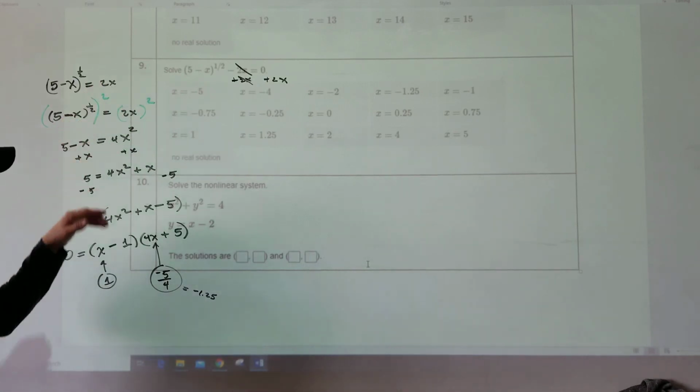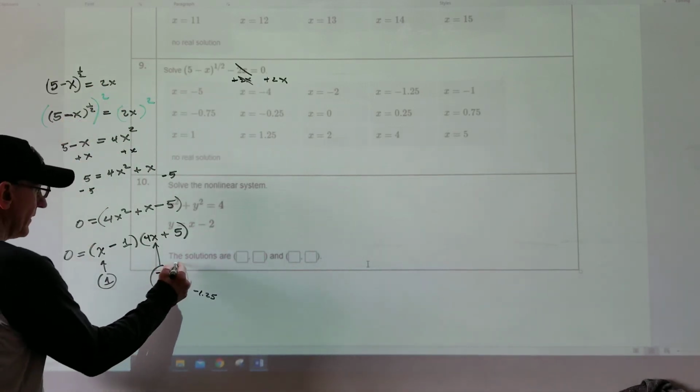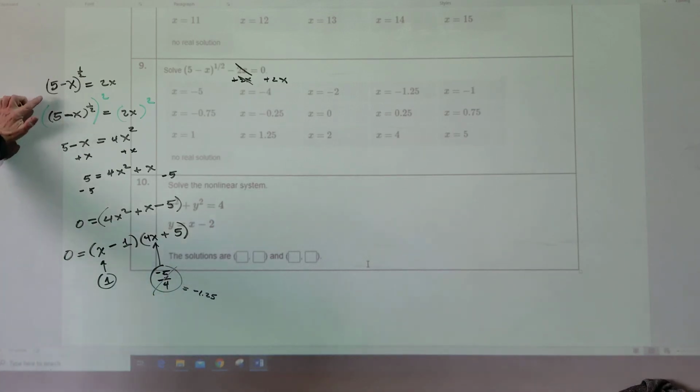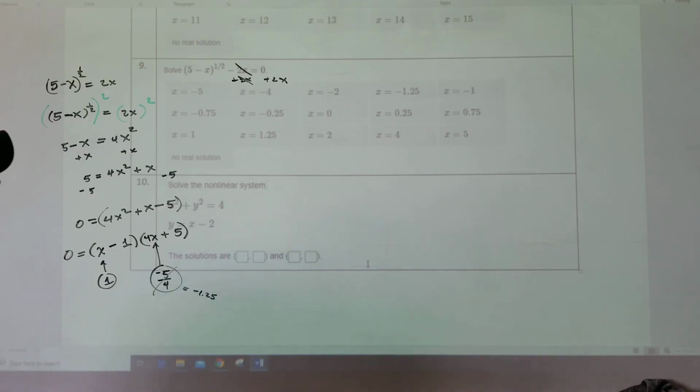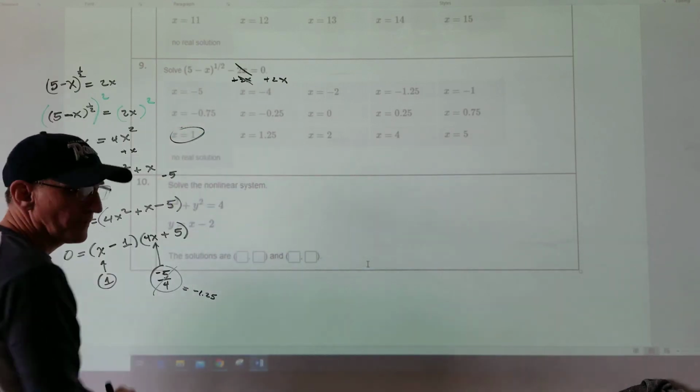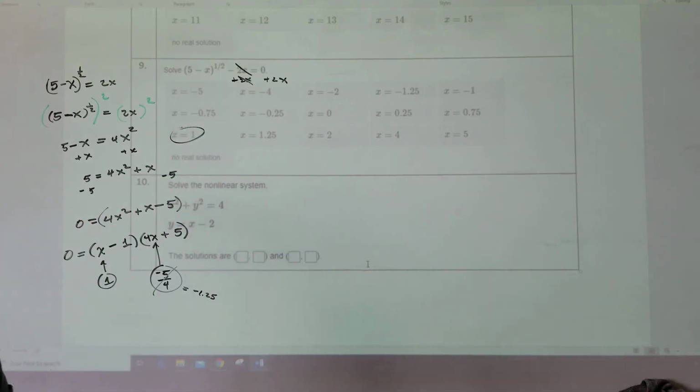So I'm kind of running out of time, but I'm just telling you, this one's a bad one, whereas this one's a good one. So I would only go with x equals 1. Okay? All right, last problem.